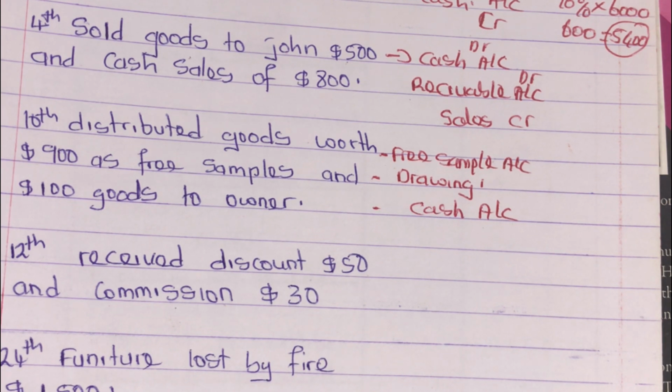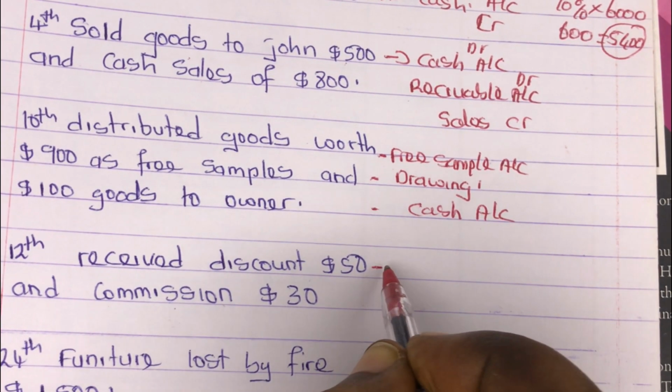So if cash is entering the business, it means that the cash account is increasing. So the first account that is being affected by this transaction is the cash account.